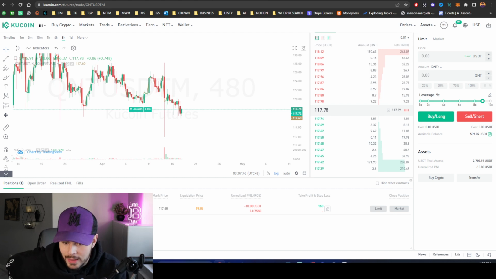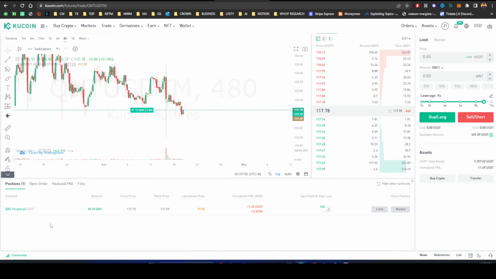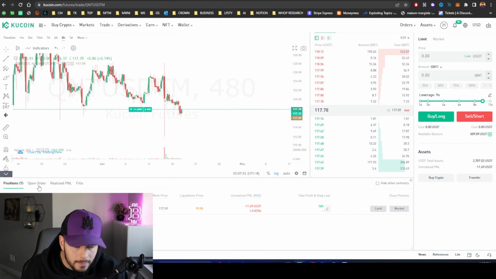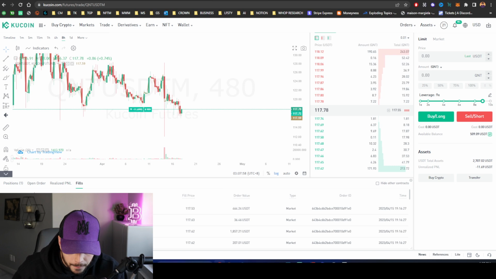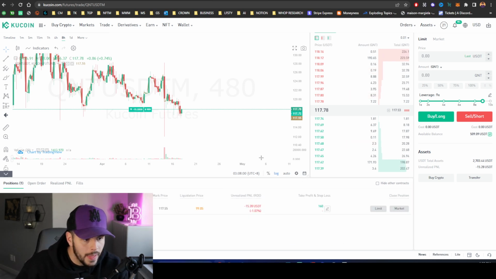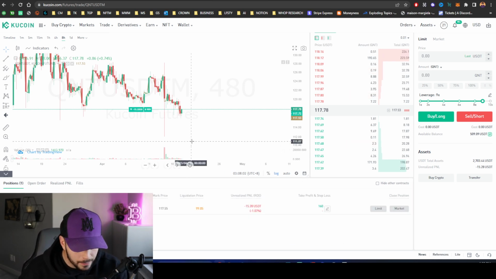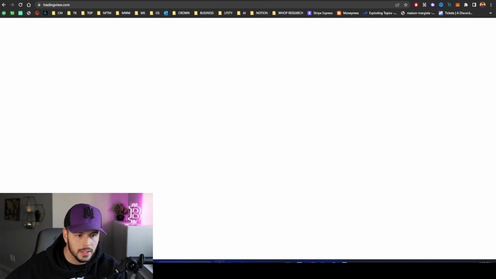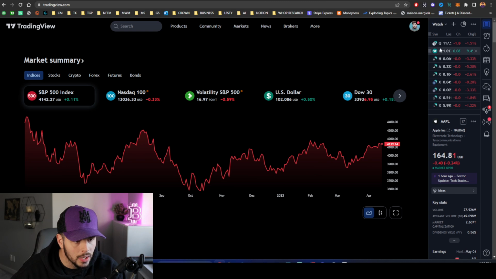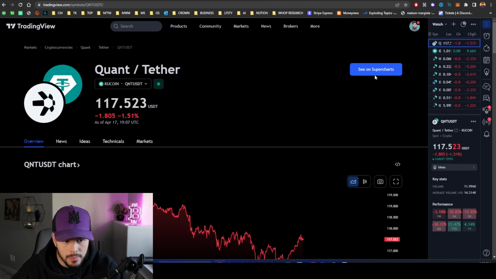It's hard to explain this stuff, but you can see your open positions down here. You can have multiple positions on multiple coins open at once. You can see your open orders and your fills right there. Okay, so that's how it works on KuCoin. And then charting is a whole different thing. You're going to want to be watching the chart for a good entry point, right?